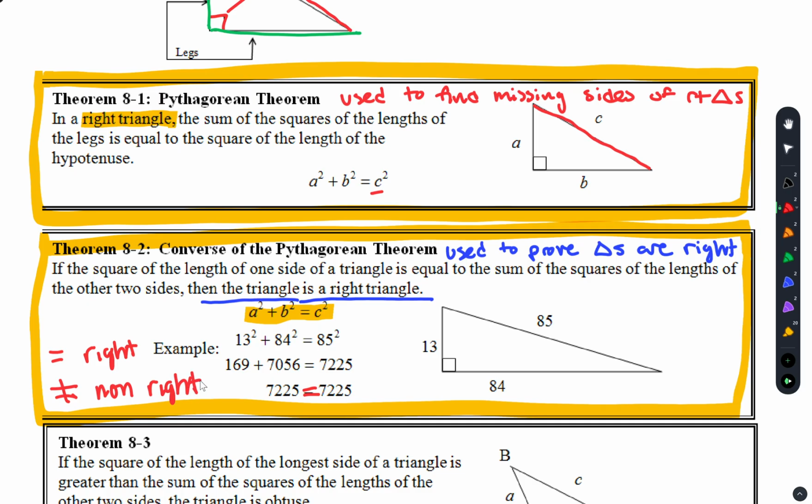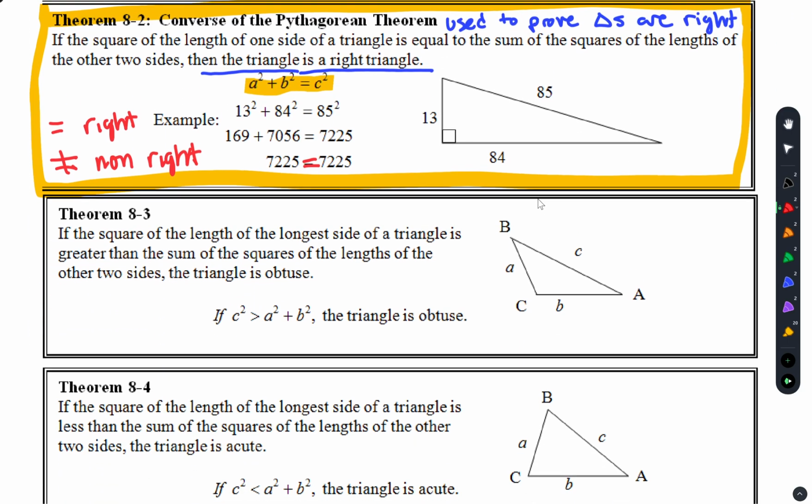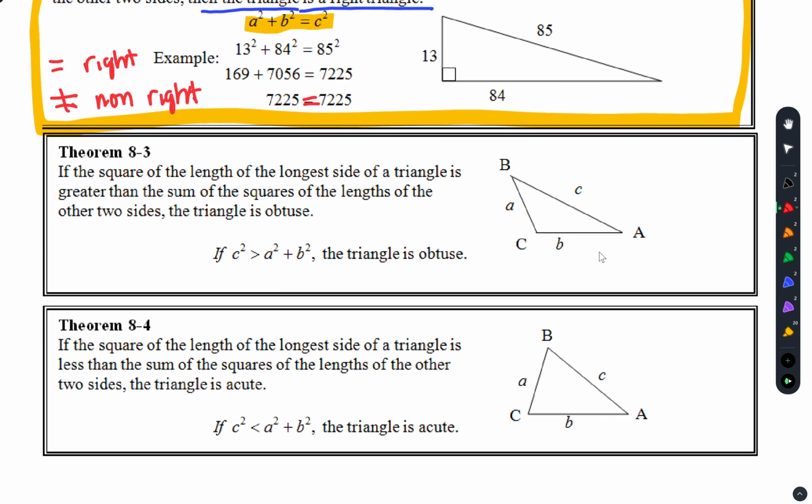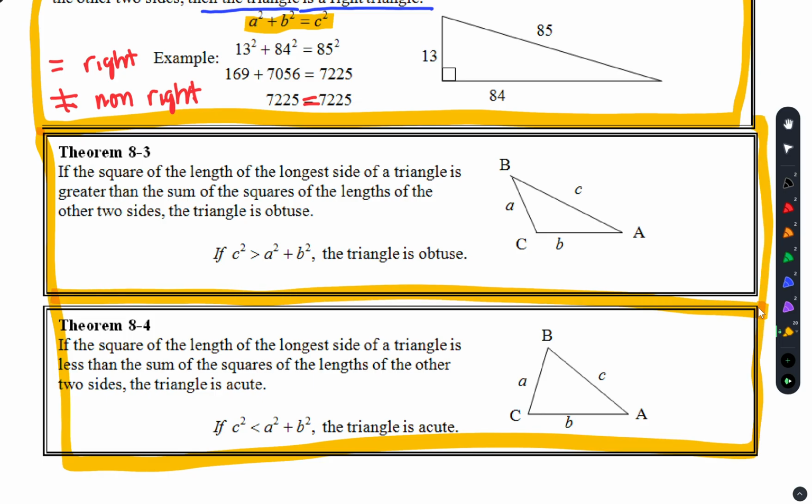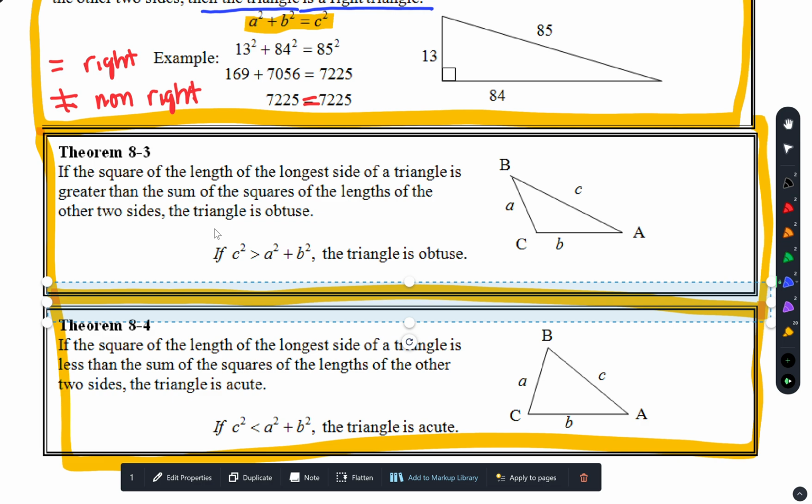In the case that our triangle is non-right, we have two different options. So that's where theorem 8.3 and 8.4 come in, the two options that we have for non-right triangles. So we're still using that same Pythagorean theorem. I'm going to refer to it as the hypotenuse, but technically because we don't have right triangles, we can't really call that a hypotenuse.